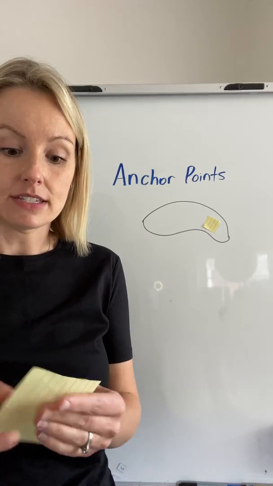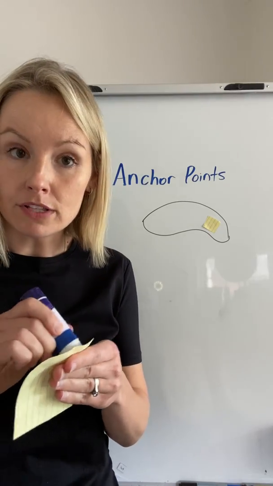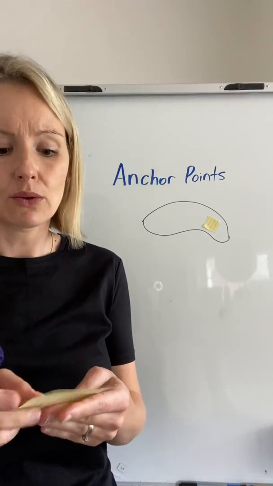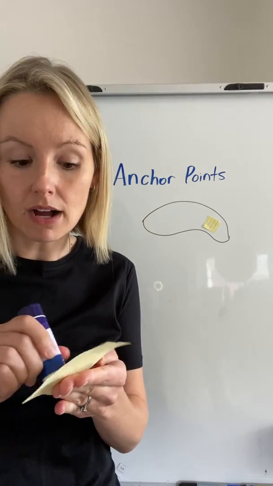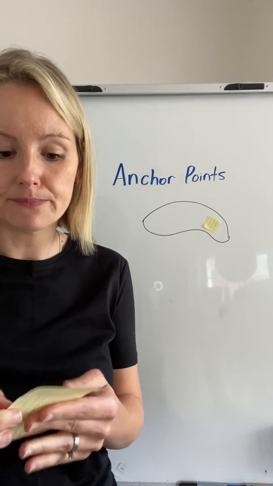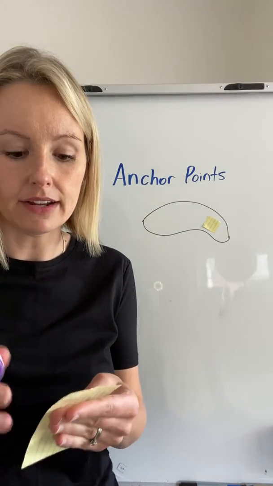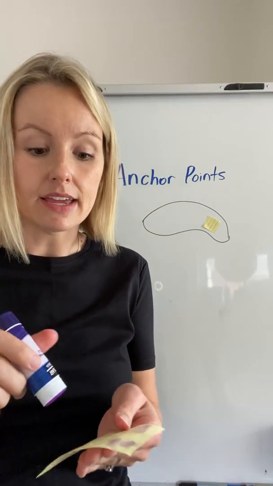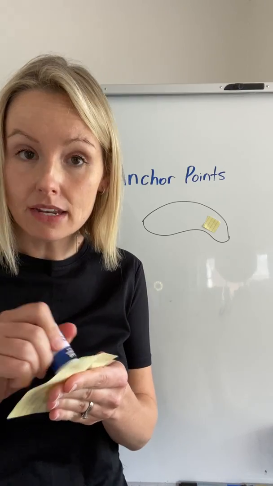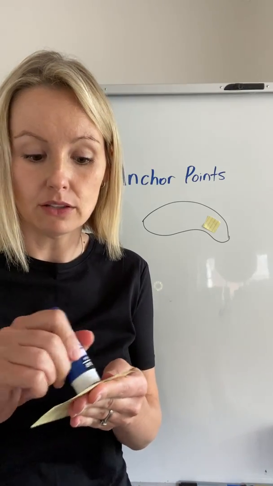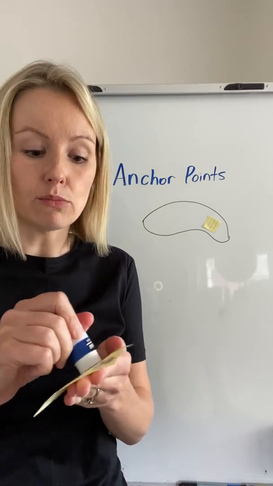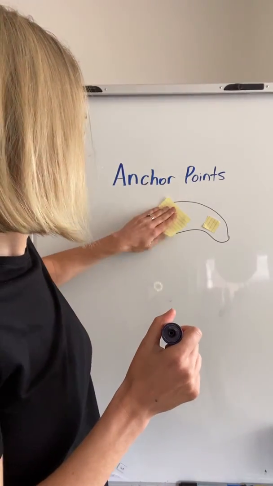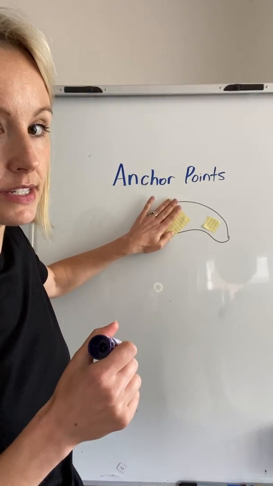We need to understand what other words might belong in that group. We need to potentially understand any meaningful parts, which we call morphemes. There'll be more on that later. We need to understand maybe the meaning, the root of that particular word. So the more we can understand about a word and the more anchor points we have, the more likely that word is going to stick.